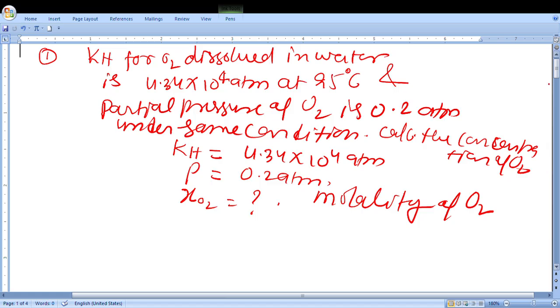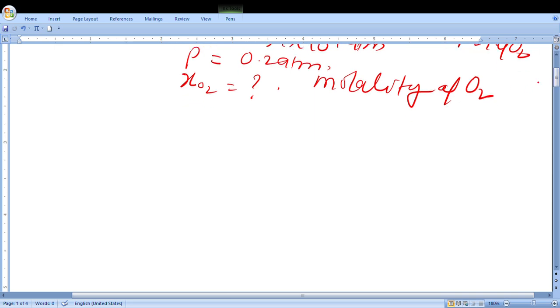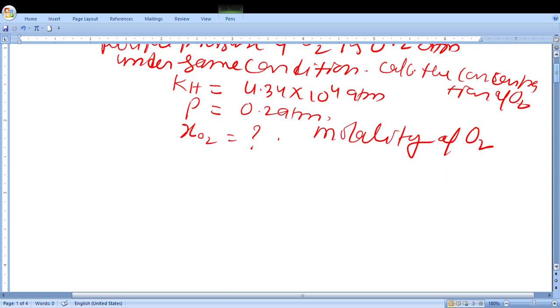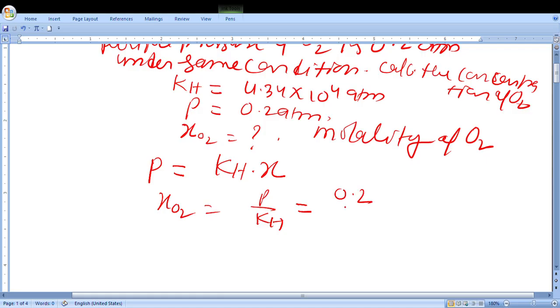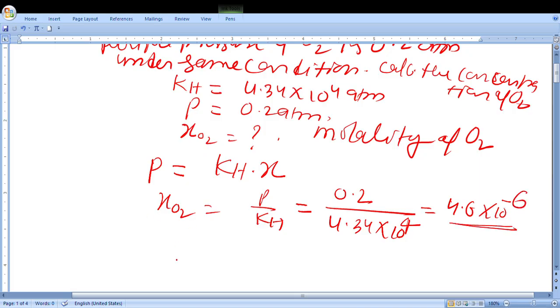So first we will apply the formula that P is equal to Kh into X. X of O2 will be P upon Kh. So P is 0.2 upon 4.34 into 10 to the power 4. It is coming 4.6 into 10 to the power minus 6. This is the mole fraction of oxygen, which is very less.